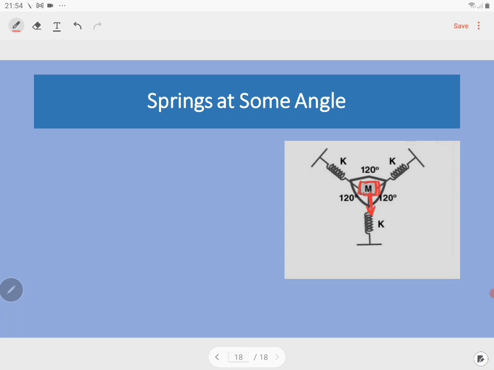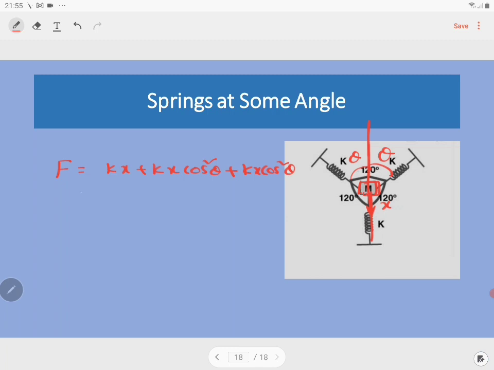When the block is displaced along this line downward, you extend that line of oscillation, then say this is theta, this is also theta. So if x is the displacement of the block, then the total force acting on the block will be kx plus kx cos square theta plus kx cos square theta. Remember, here the total angle 2 theta is 120 degrees.